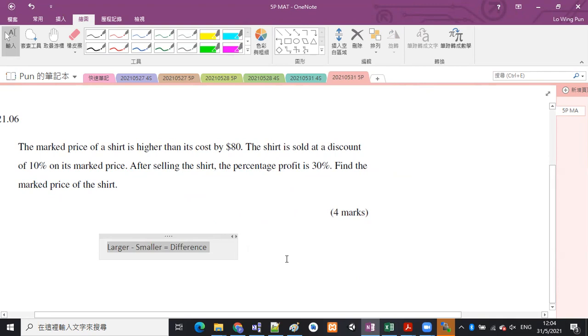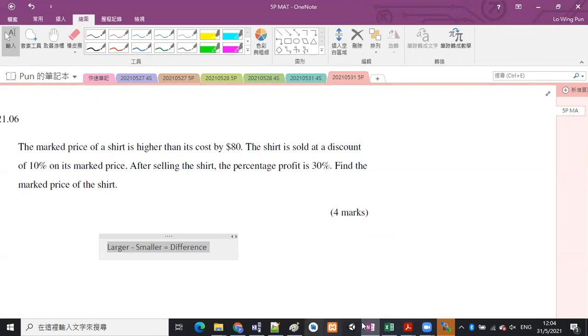即係大啲嗰樣嘢減細呢樣嘢，就等於佢哋之間嘅差額。In this case，嗱記住，如果佢係話 larger than something by 一個 percentage 嘅話，就唔係咁樣噶啦。呢個咧係一樣嘢大過一樣嘢當中嘅差額係實數嚟嘅，唔係個 percentage 嚟嘅。咁我哋用呢個形式去列式。Okay, which one is the larger quantity, larger price?